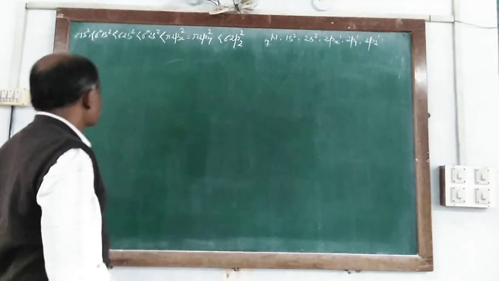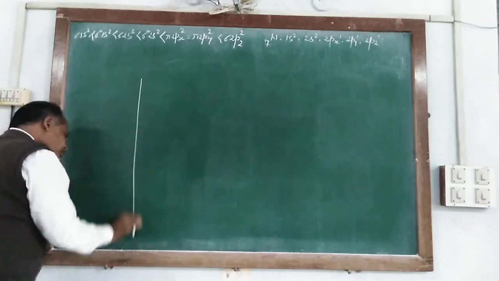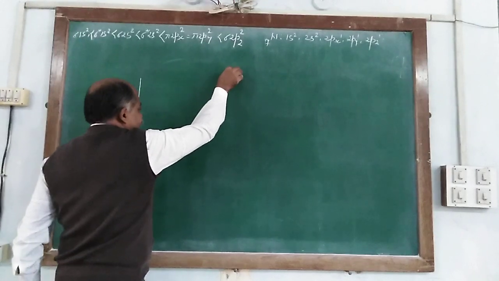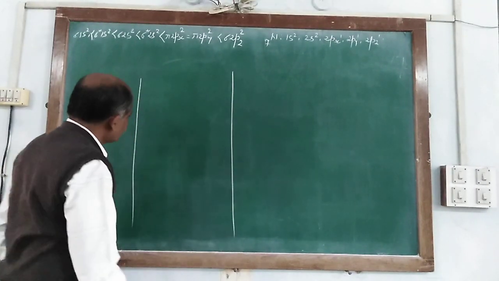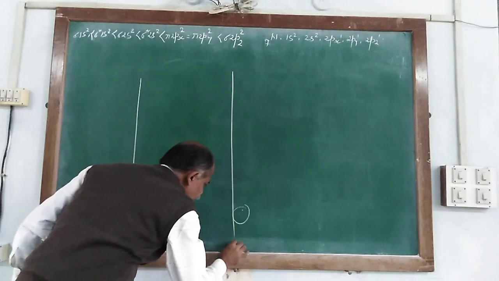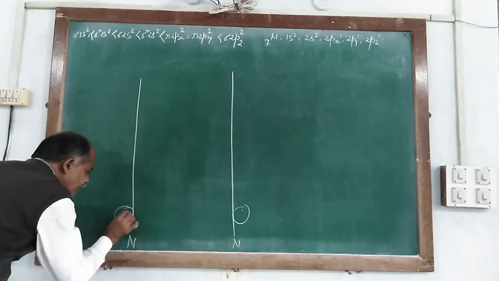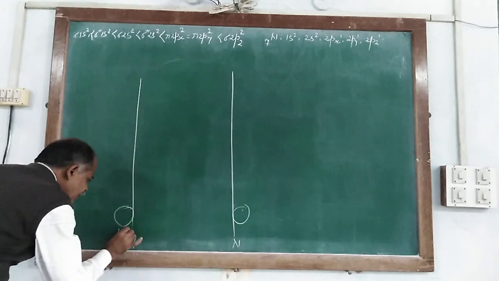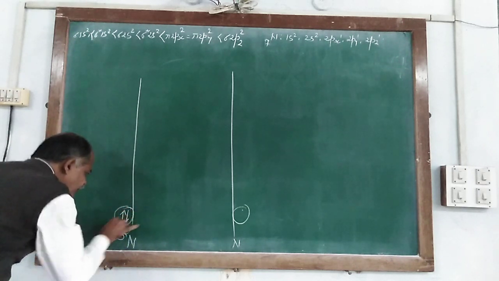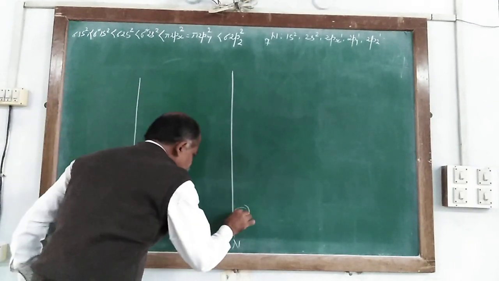So it is the arrangement. Here we draw the molecular orbital diagram for the N2 molecule. It is a nitrogen molecule, and the other is also a nitrogen molecule having 1s2 electrons. So here we put the 2 electrons in its 1s orbital.